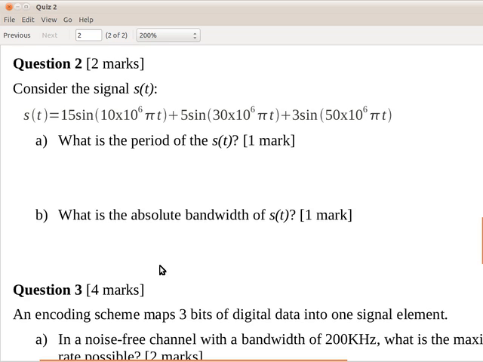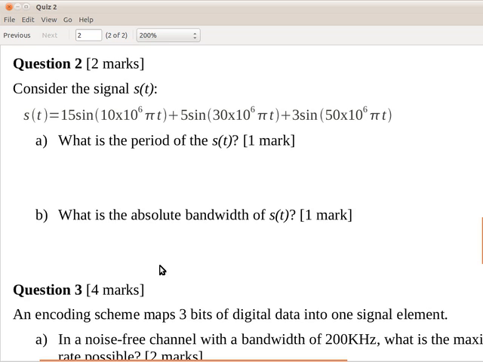In this case, they are all a multiple of 5. 1 times 5 megahertz, 3 times 5 megahertz is 15 megahertz. 5 times 5 megahertz is 25 megahertz. In this case, the components all have frequencies multiple of one of them, 5 megahertz.